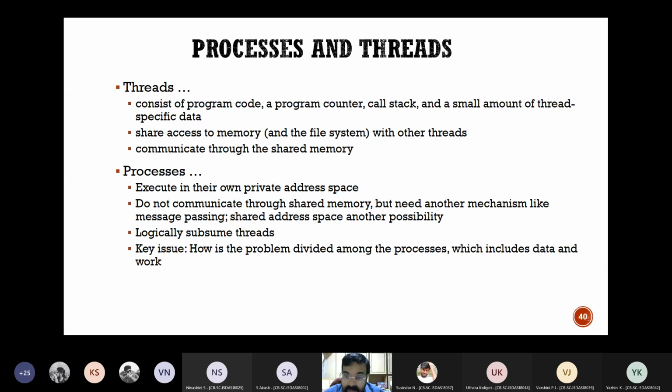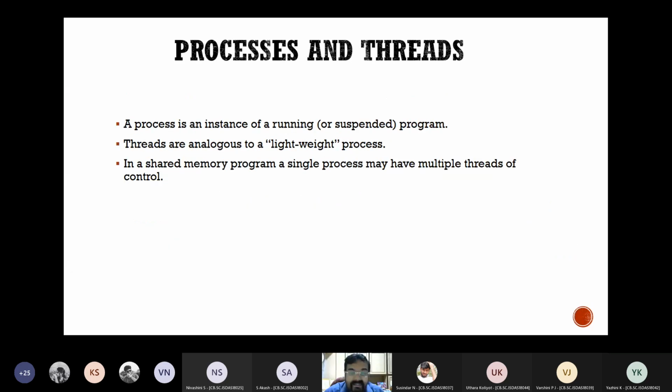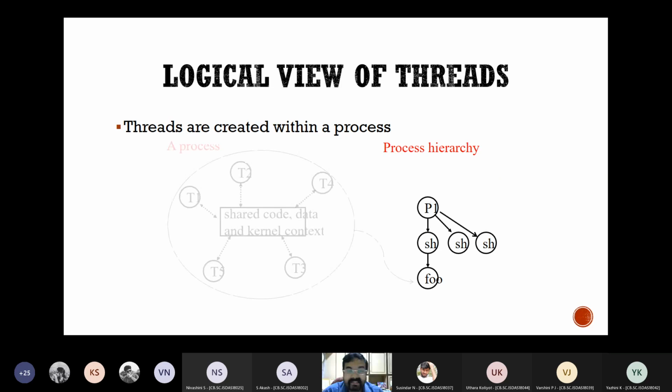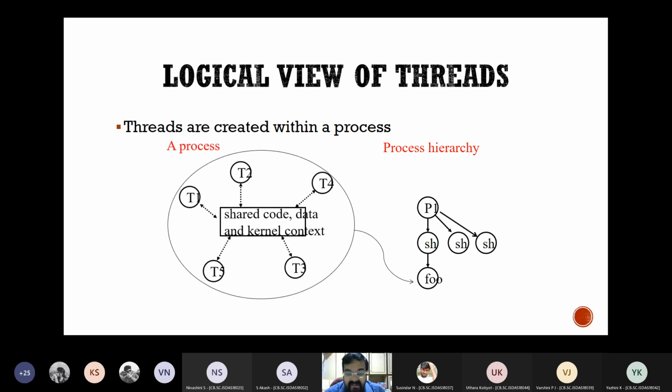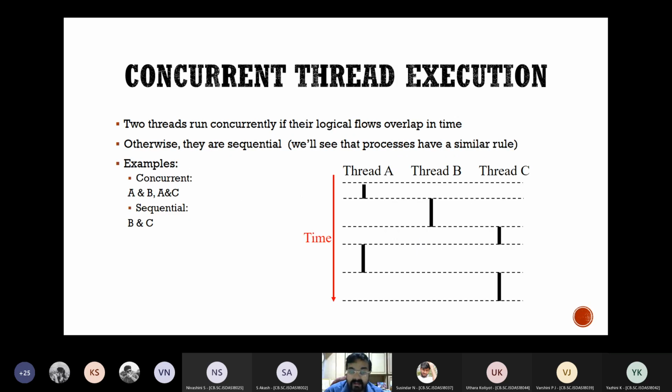There are some local variables. There is a stack. It's a very easy way to do things. And that is why a thread is very lightweight, and it's ideal that we divide a process into threads T1, T2, T3, T4, and the threads share code, data, and kernel context. Now, threads can be concurrent or sequential.